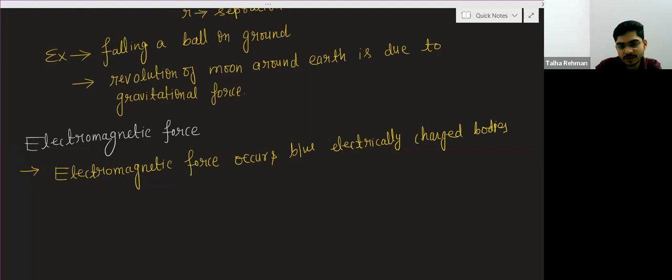So if you have a plus charge and a minus charge, both will attract. So these charges are at rest. This is due to the electromagnetic force.